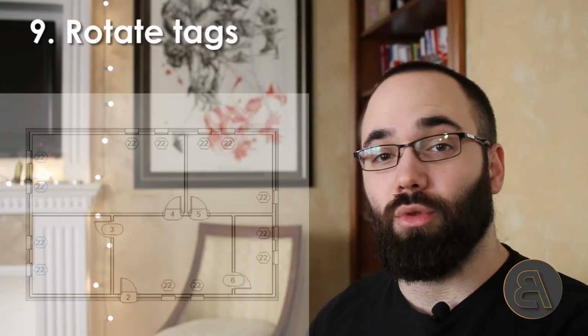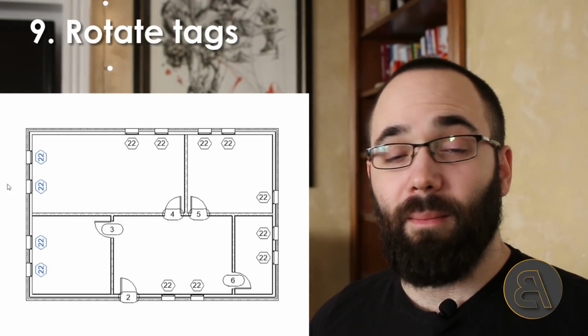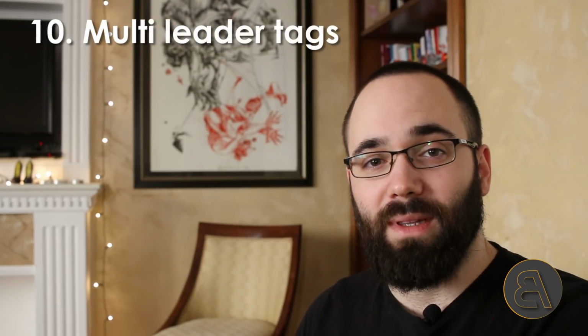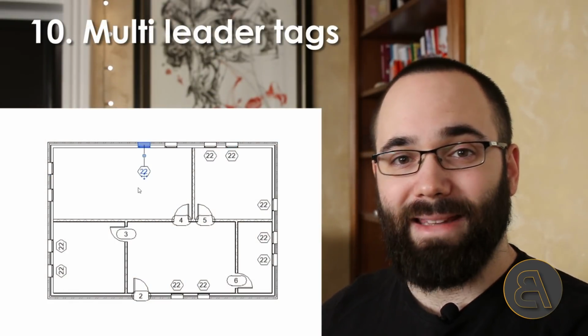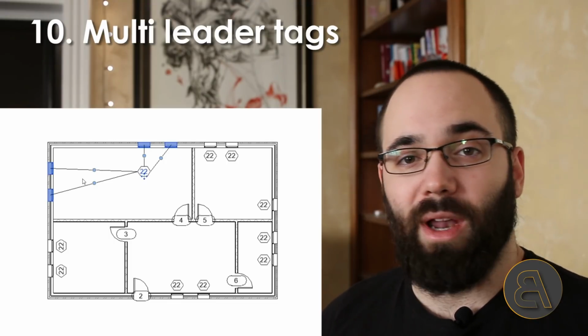Then moving on to annotation, there are some exciting changes. For example, for tags, we now have the ability to rotate tags to match the model. Also for tags, we have the option to add multiple leaders, so you can have one tag tagging multiple elements on your floor plan or section or whatever.